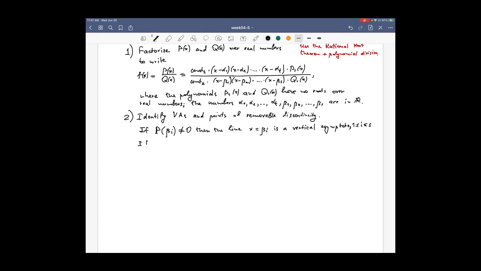If, however, p at beta I is 0, then that point is a point of removable discontinuity.